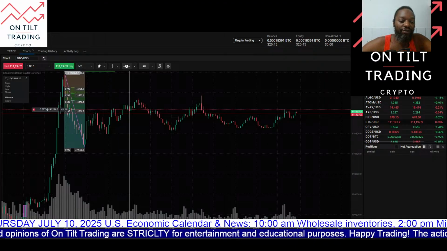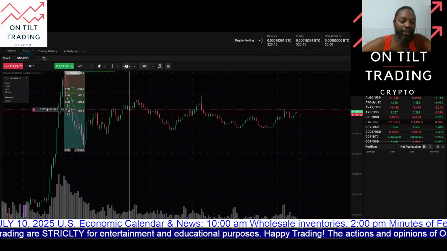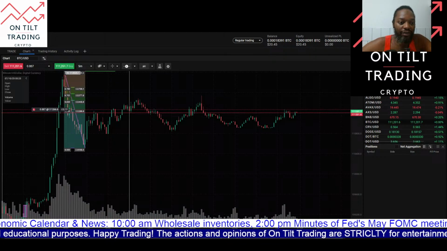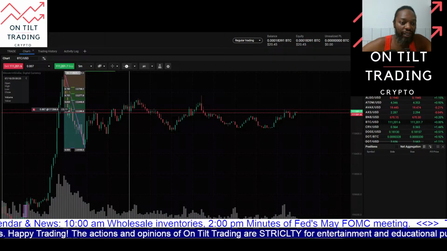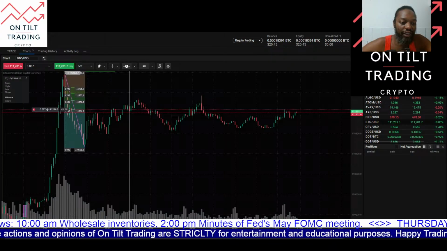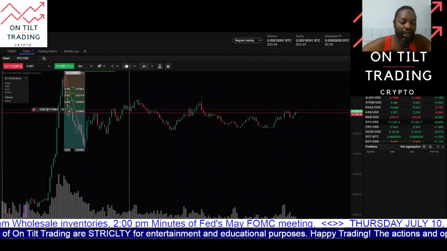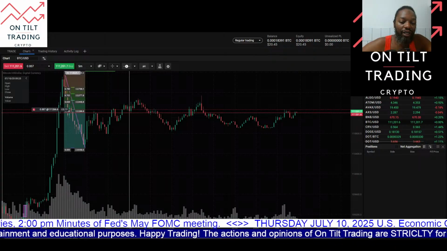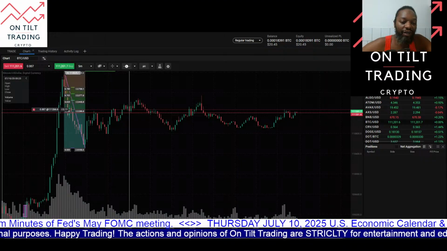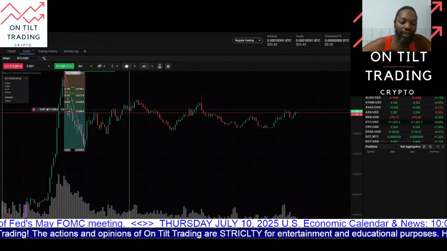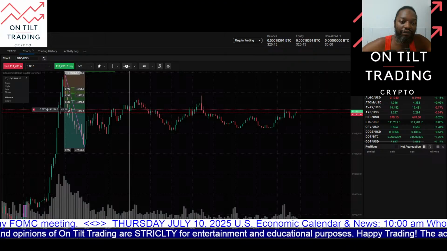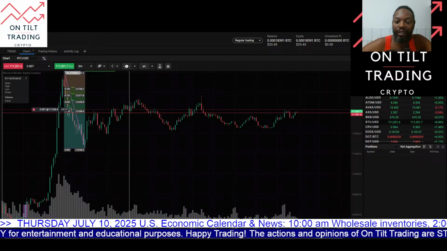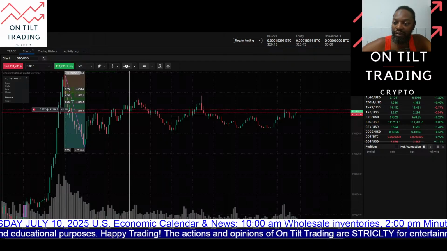So I'll trade from equilibrium here down to the edge of the range, or if price action is trading down here at the edge of the range, I'll let price action displace and set up a fair value gap, and then I'll put a Fibonacci retracement on it for a potential long trade.